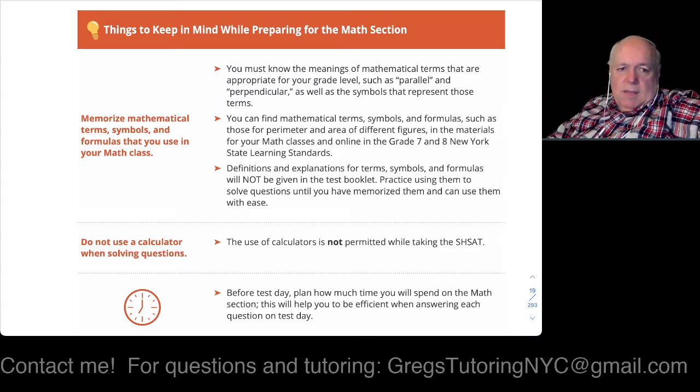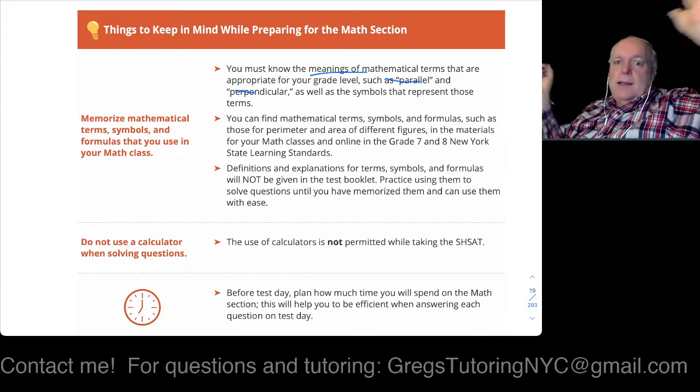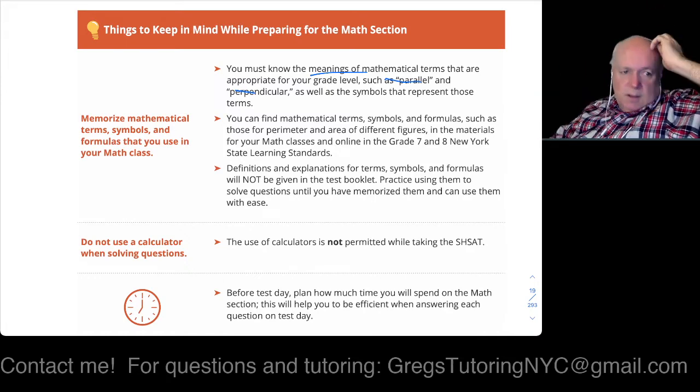Again, you must know some terms. Although the SHSAT normally avoids terminology, they're giving examples like parallel and perpendicular, right angle. You should know what a right angle is. You should know what complementary and supplementary are. You should know what acute and obtuse angles are. You should know what an equilateral triangle is, and so on and so on, okay? So again, this is about the rote part of it, but it goes beyond that.